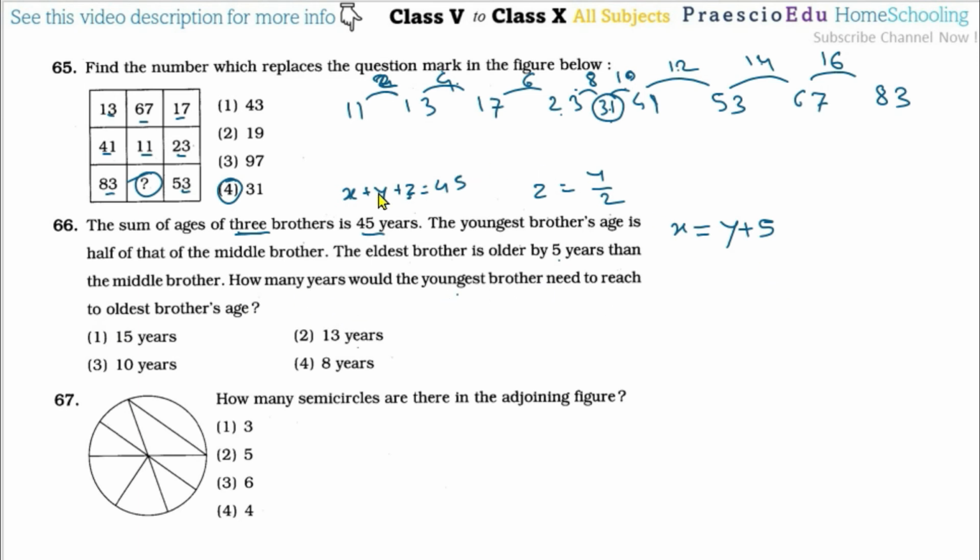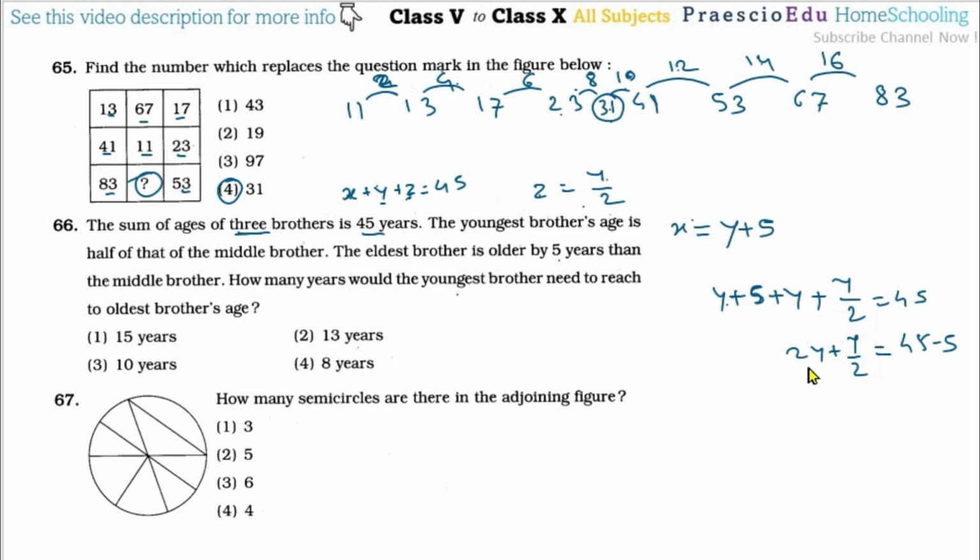So first of all we have to find the X, Y and Z values. Here Z and X are in terms of Y, so we put them in this equation. X is Y plus 5, plus Y as it is, plus Z which is Y by 2, equals 45. We take this 5 to the other side, so it becomes 45 minus 5, and here 2Y plus Y by 2.